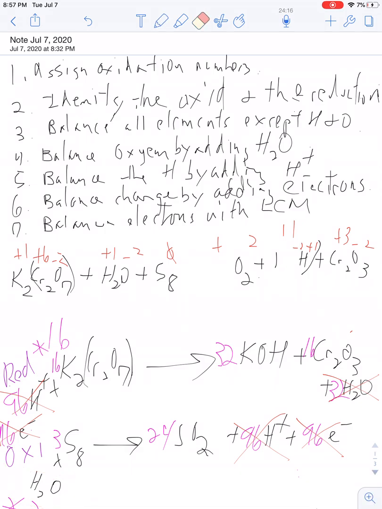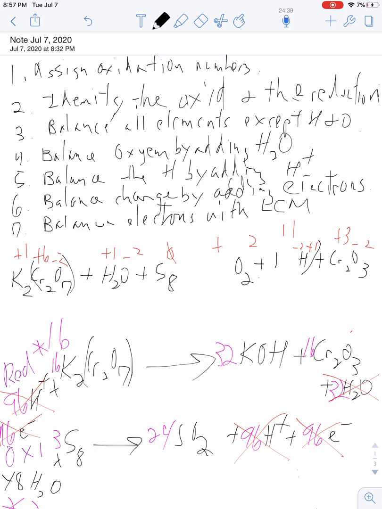So I should have 48 oxygens here, which means I'm going to have 48 times 2 is 96 hydrogens, so that's right. So that's where I goofed up.